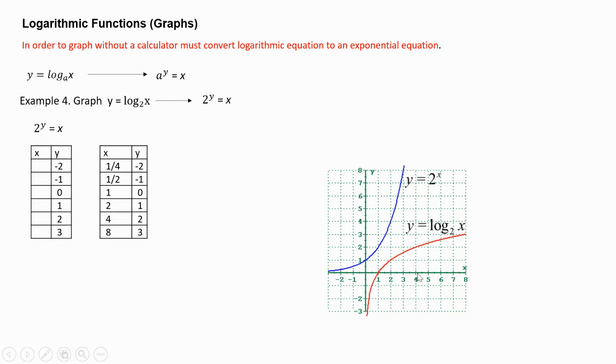When it's 4, it's going to be 2. And when x is 8, it's going to be 3. So that's my graph. And these two are inverses of each other, which is another topic that's going to be discussed later on. Okay. So this is my exponential function, right? And this is my logarithmic function.